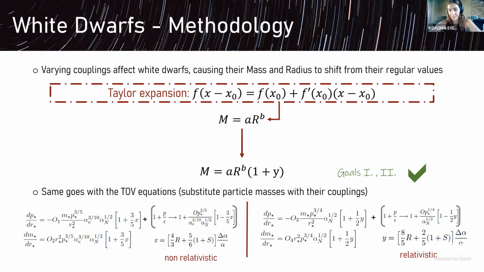So this is how we implement this and substitute the masses with the couplings. You can see here that we have two cases, the non-relativistic or low energy limit, and the relativistic or high energy limit. The perturbations here, X and Y, are dependent on R and S, which is the GUT model, and also the variation of the fine structure constant.